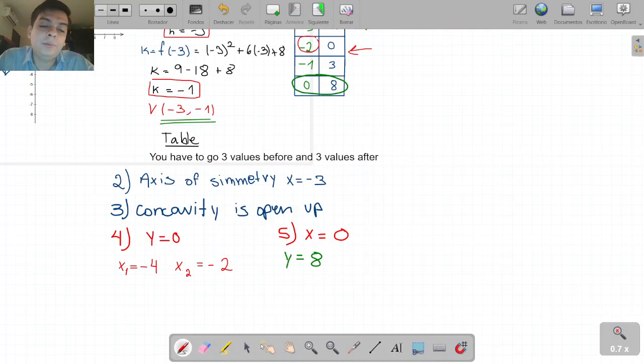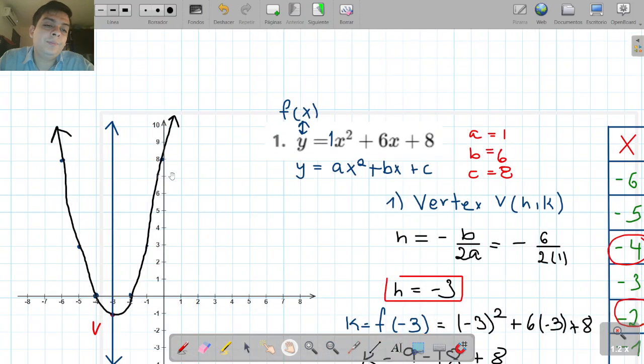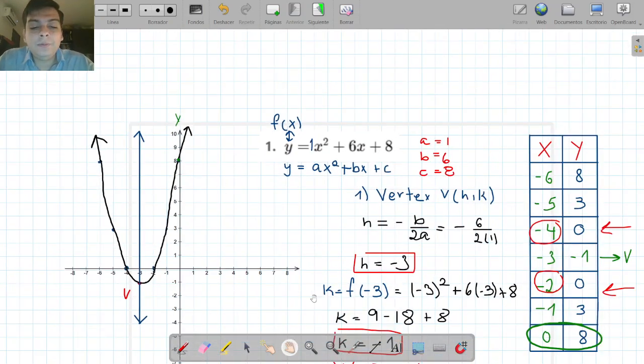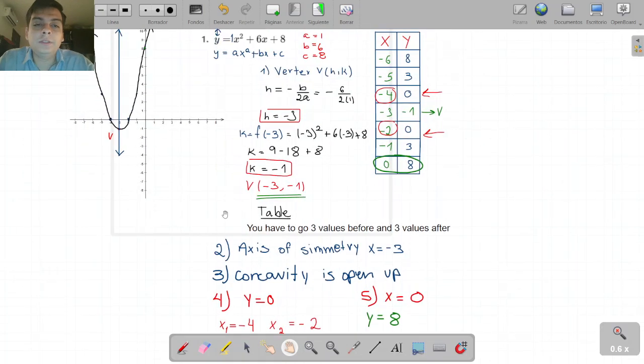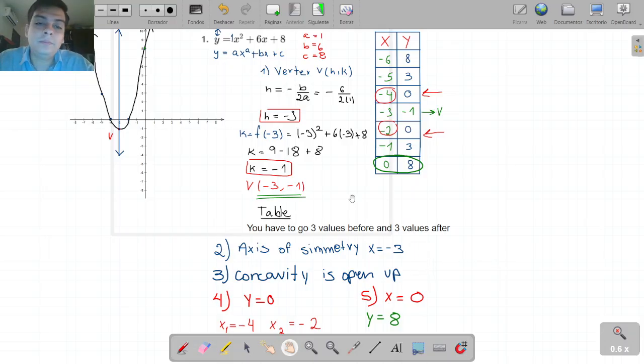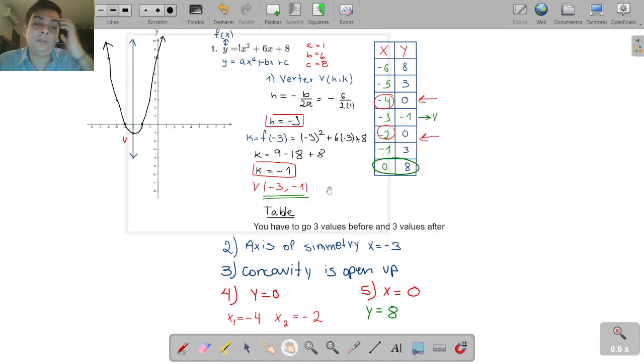It is the only point where it cuts. You can see it also in the graph. This is the y-axis, and the graph is cutting here at 8. And you are finished. With all the explanation, we only took 10 minutes. Now we are going to try to be quicker, faster with this.